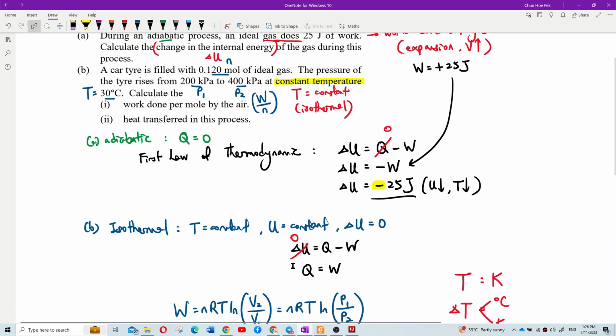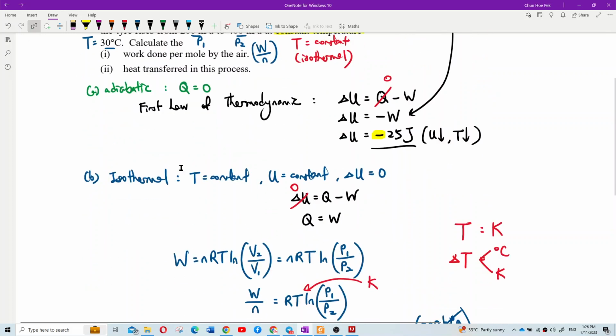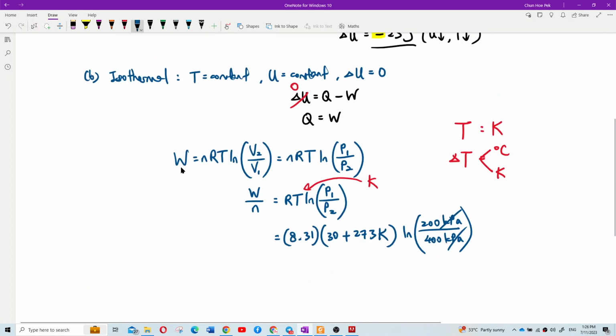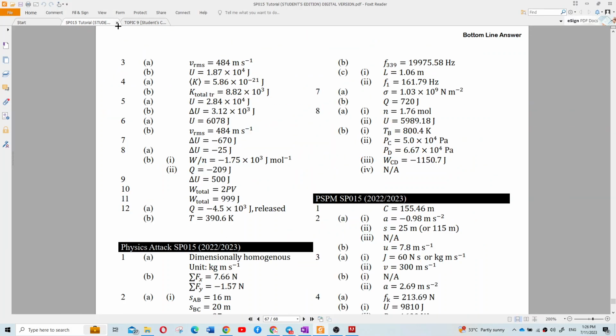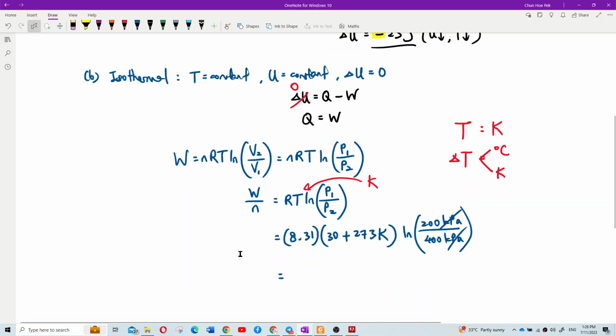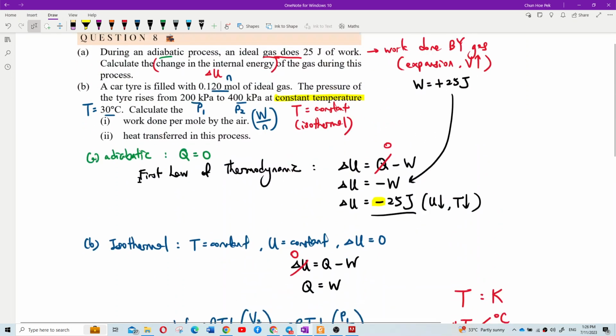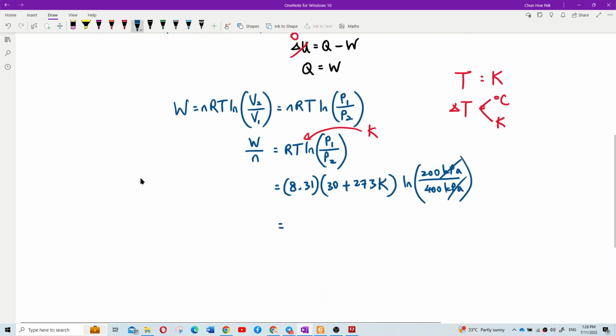Okay, so you should get the answer, work done per mole. What's the answer? You press the calculator. The answer, I just check the final answer, this is 8B1.